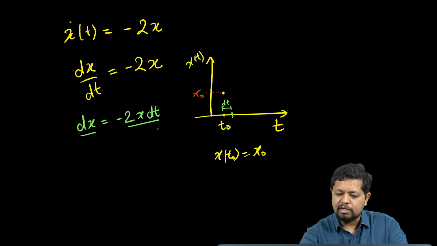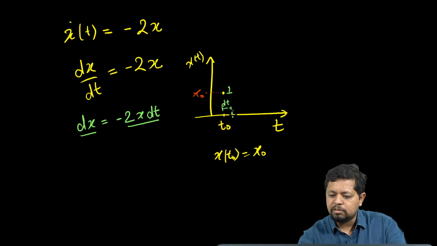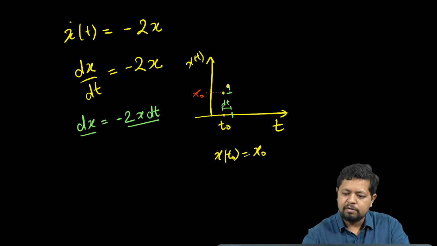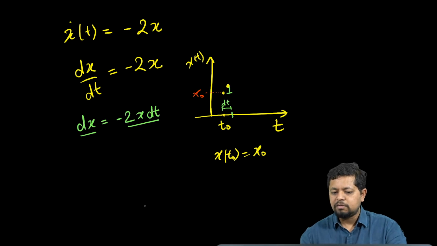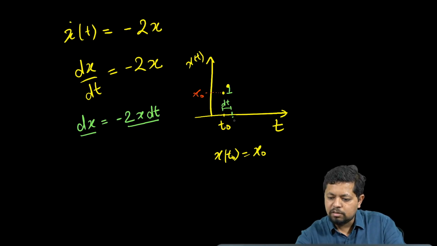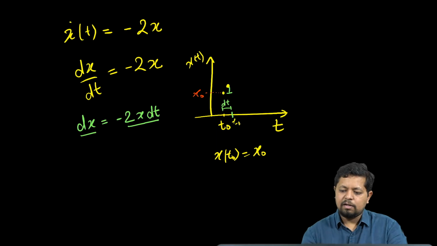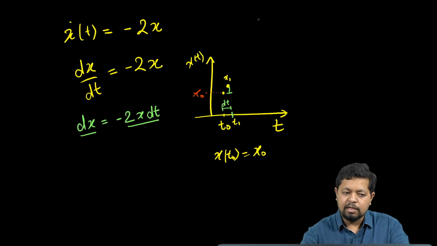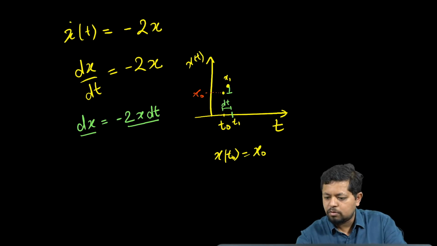If I calculate that dx, it is going to be some height, let's say this much. So at time t0 plus dt, my new point would have shifted over here, and I'll repeat that process. Let me call this point t1, where my value of x is x1, and then I'm going to go to point t2.